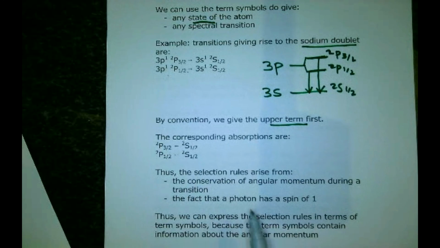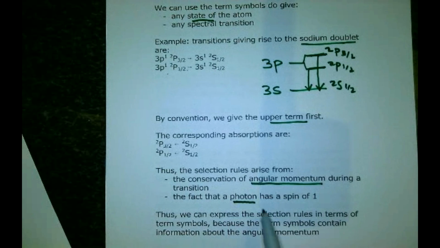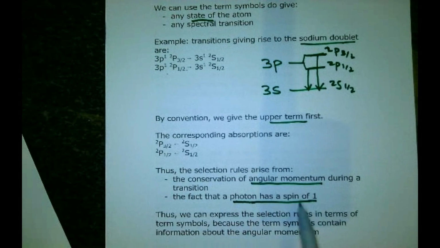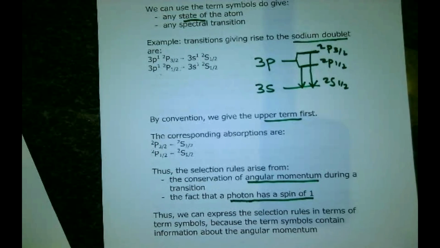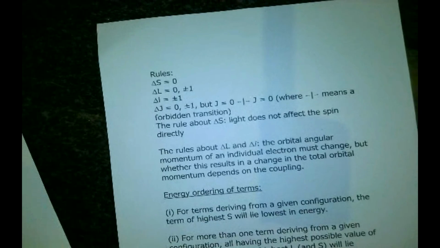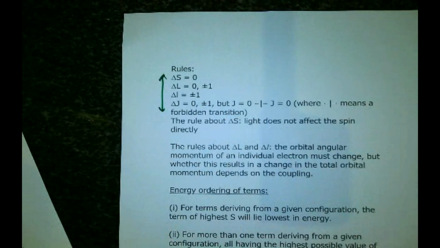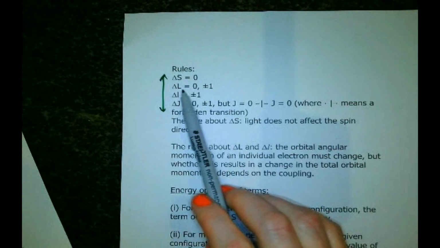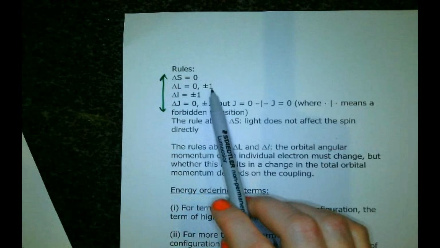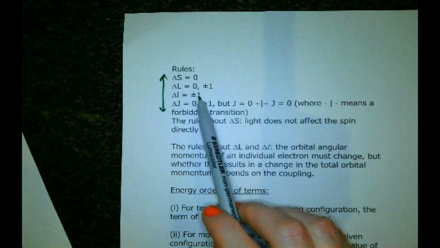We have already talked about selection rules, and we have to conserve angular momentum, and the photon has an angular momentum of 1. So we can also express the selection rules in terms of term symbols in the following way: the change in total spin angular momentum must be 0, the change in total orbital angular momentum must be plus or minus 1, and the change in angular momentum J must be plus or minus 1.